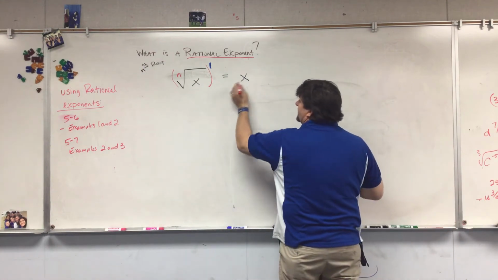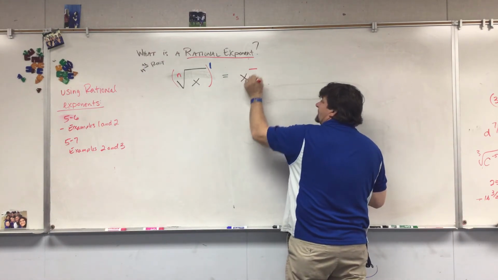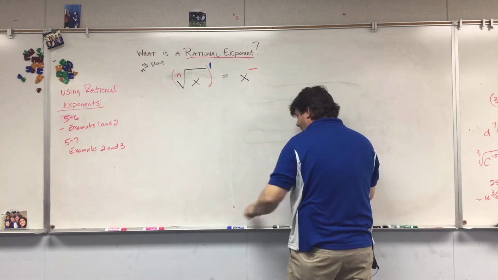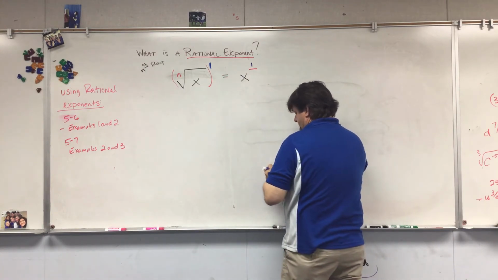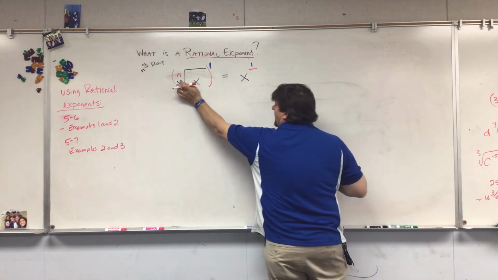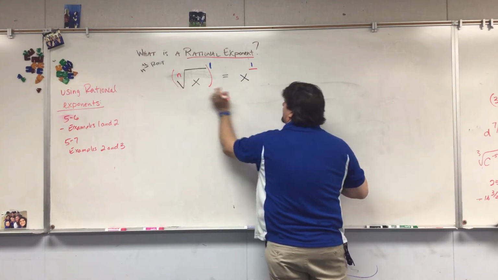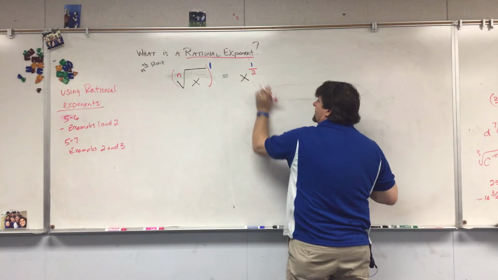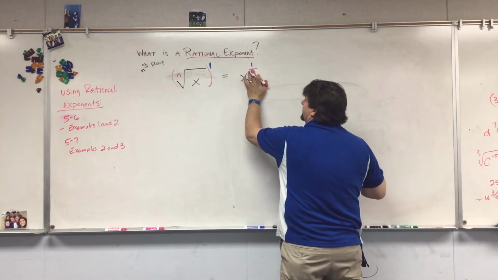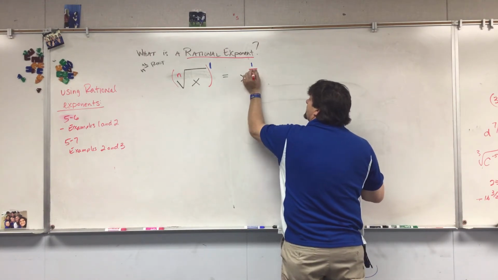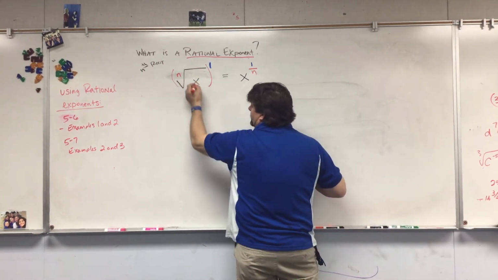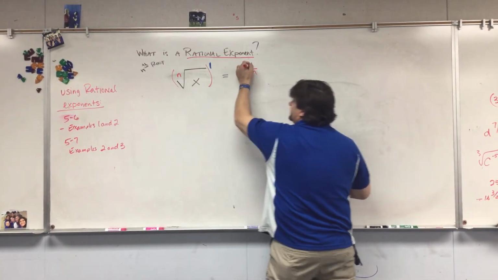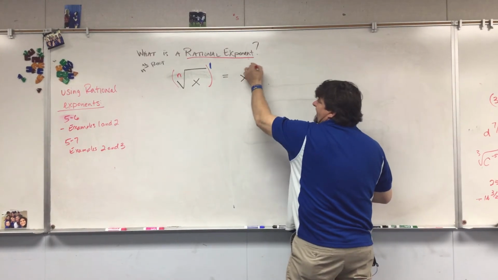We get a fraction. The power goes on the top, or the numerator, and the root goes on the bottom. Or sorry, I had to put a 2 there. So the nth root of x is x to the 1/n power.